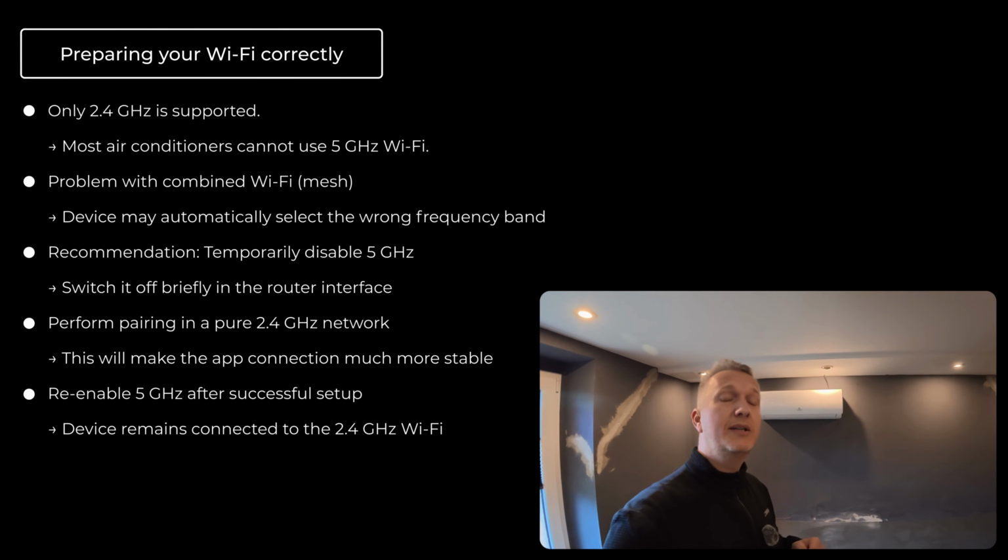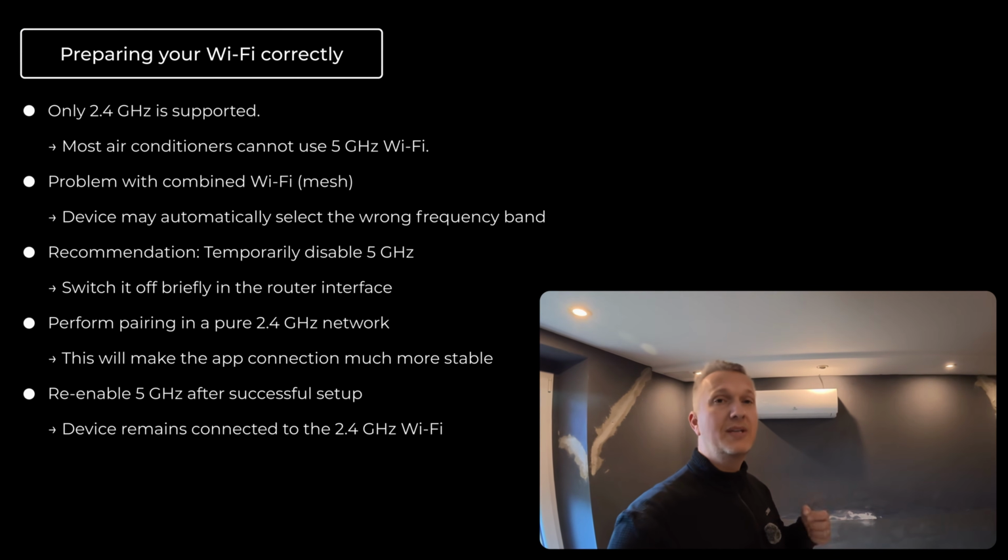It took many attempts to find out that this air conditioner doesn't automatically log into the 2.4 gigahertz Wi-Fi, but always tries to get into the 5 gigahertz Wi-Fi, and that always fails with an error. If you want to avoid this error, then simply deactivate in your router, even if it's only temporary, the 5 gigahertz network and only leave the network running on 2.4 gigahertz Wi-Fi. That worked out perfectly for me.